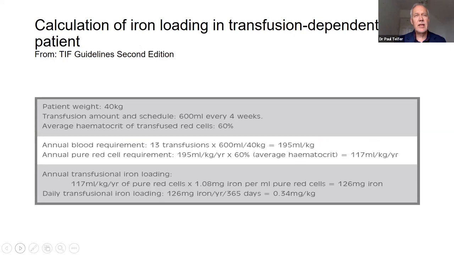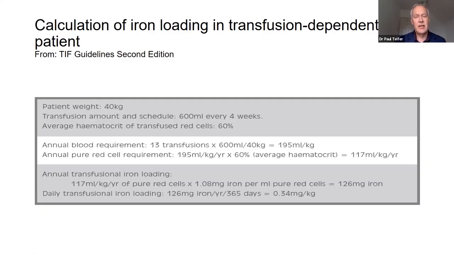So let's go back a bit and think about what we can do to measure iron. And I'd like to start with something that is really obvious, but is something that actually is rarely done, but is quite important in assessing for each patient their degree of iron loading and their requirement for chelation.